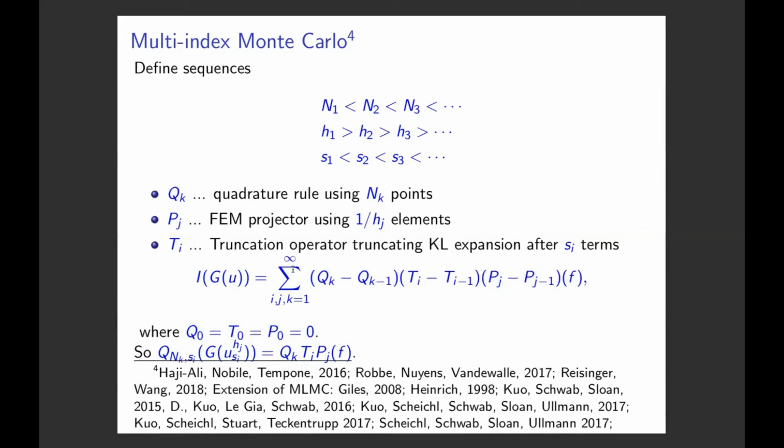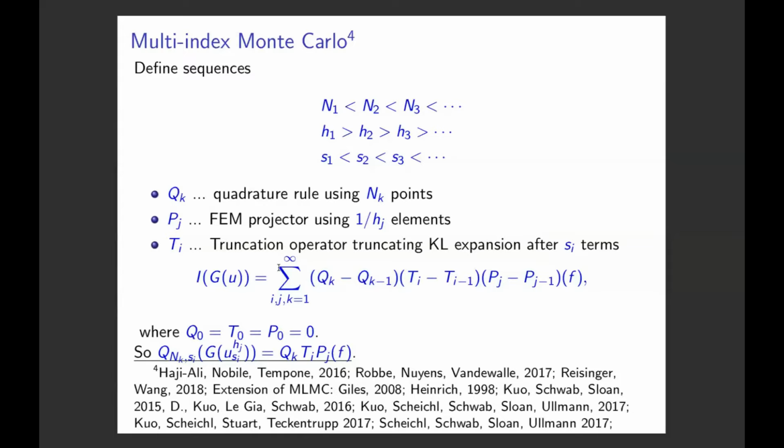And this is just the limit where Qk, Ti, and Pj go to infinity, and we obtain the exact value in this way. So now, if we want to obtain an approximation, what we can do is truncate this triple sum to have a finite sum, and we can calculate these terms then using some algorithm.